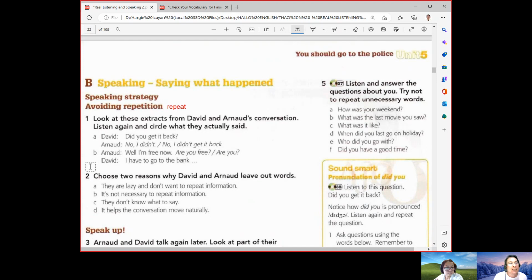In letter A, it says in here, David: did you get it back? So the answer of Arnaud is no, I didn't. That would be the answer. In letter B, Arnaud said, well, I'm free now. Are you free?